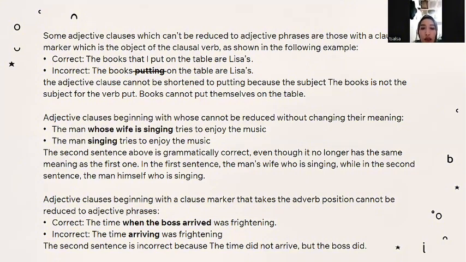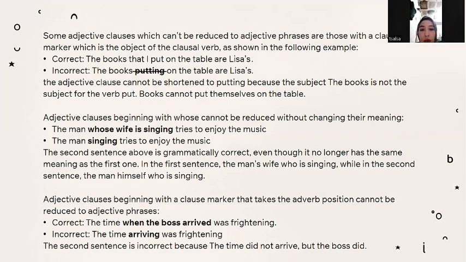Incorrect: The book putting on the table is Lisa's. The adjective clause cannot be shortened to putting because the book is not the subject of the verb put. Books cannot put themselves on the table.